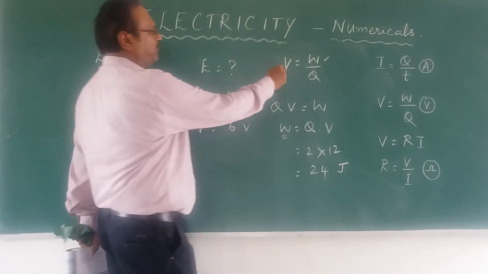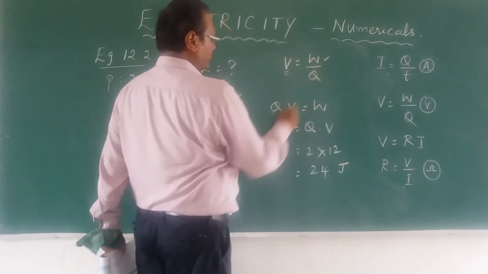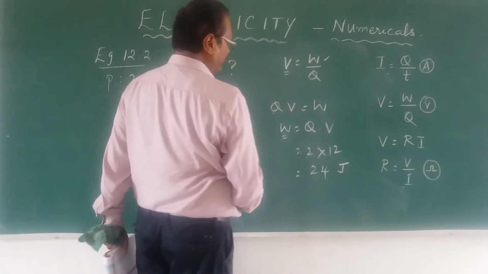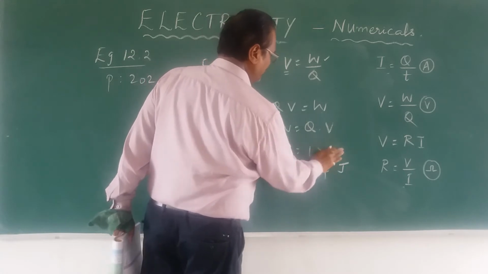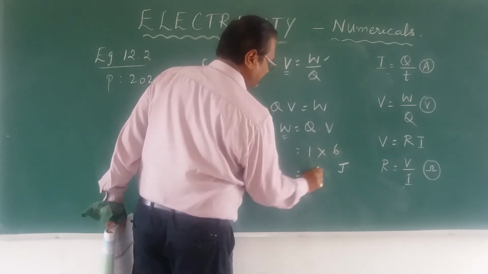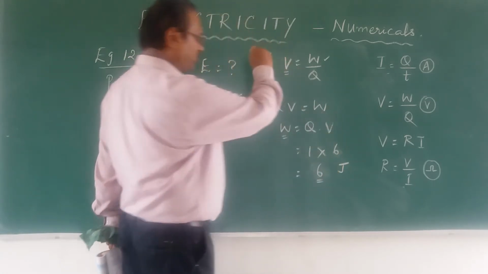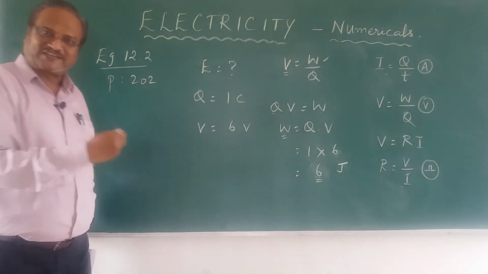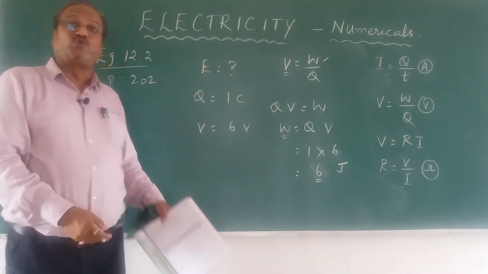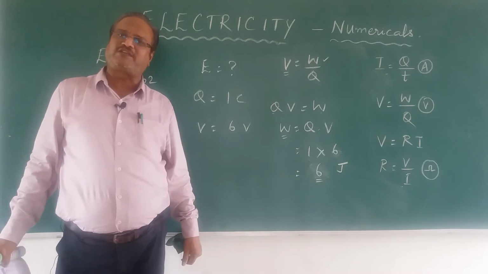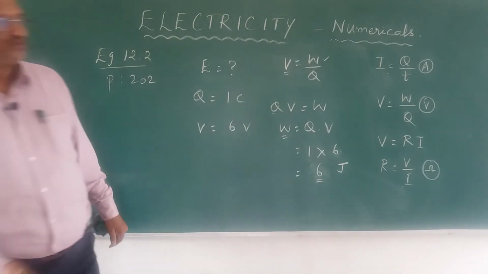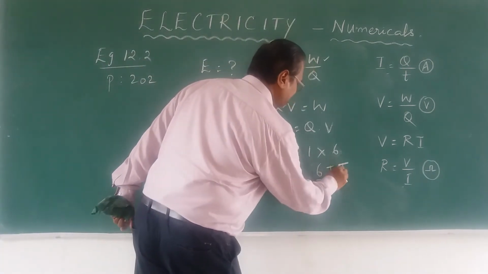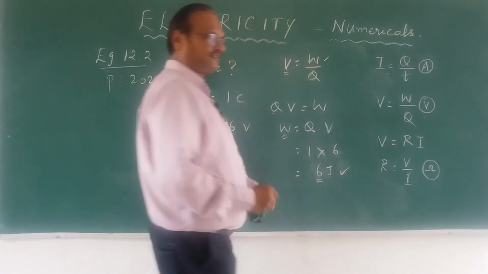Potential difference is equal to W upon Q, so W is equal to Q into V. Now you substitute 1 and 6 and the answer will be 6. Now what is going to be the unit? Work done and energy are two sides of the same coin. So the answer is again 6 joules only, 6 joule is the correct answer.